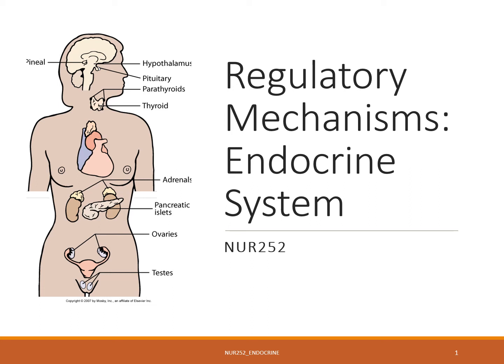The endocrine system is a collection of glands that produce hormones which regulate metabolism, growth and development, tissue function, sexual function, reproduction, sleep, and mood.